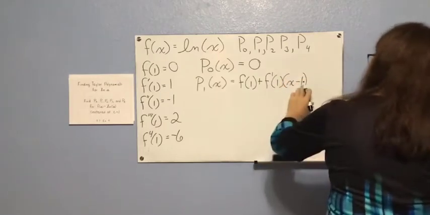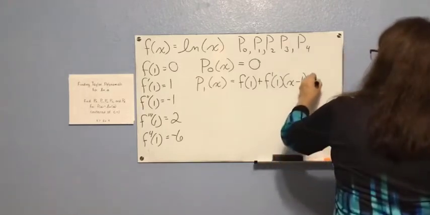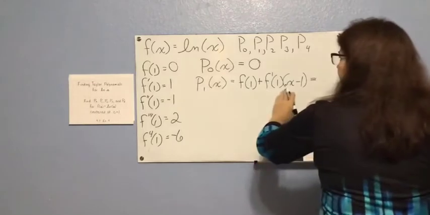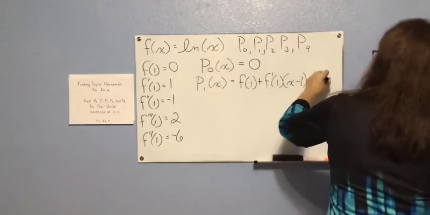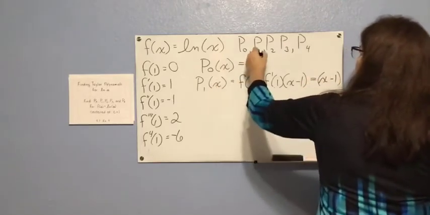Remember, we said we were centered at c equals 1, so we have to subtract that. And f of 1 is 0, f prime of 1 is 1, so this is just x minus 1. So that's our answer for P sub 1.